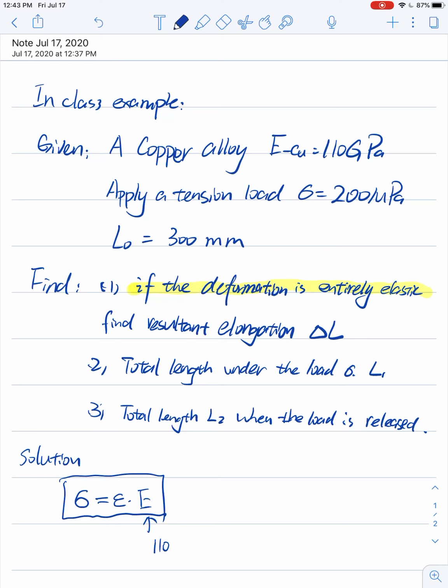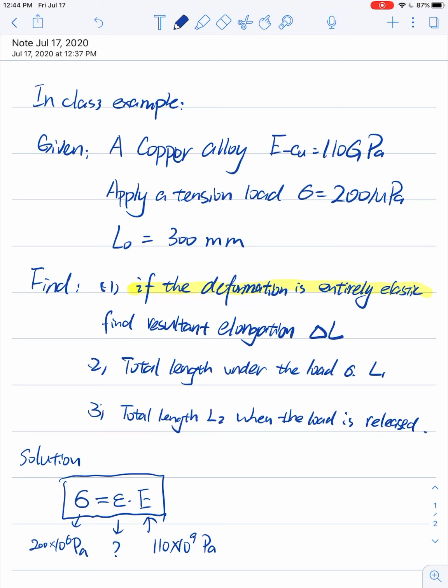So here we know E, Young's modulus, equals 110. We can convert gigapascal to pascal, that is 10 to the 9th pascal. The strain epsilon is something we try to find here, so that's the unknown. And sigma is the tension we apply to the alloy, which is 200 megapascal.